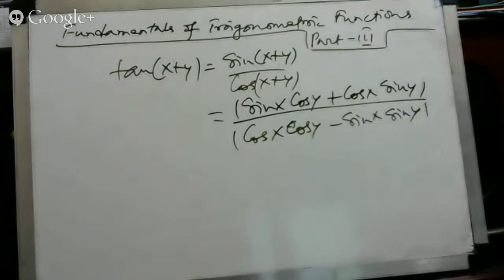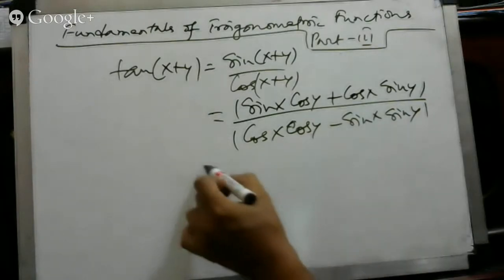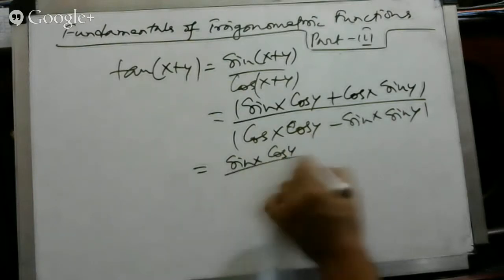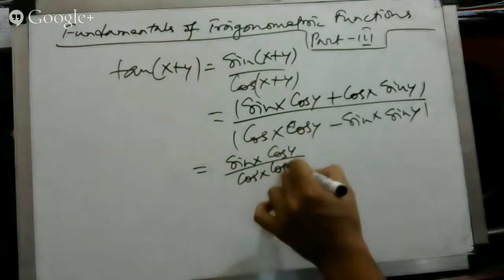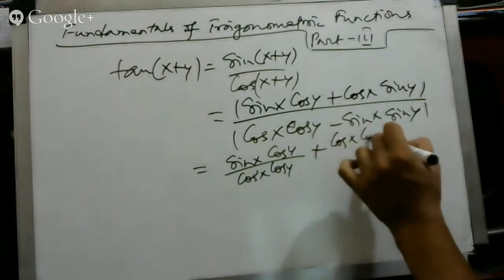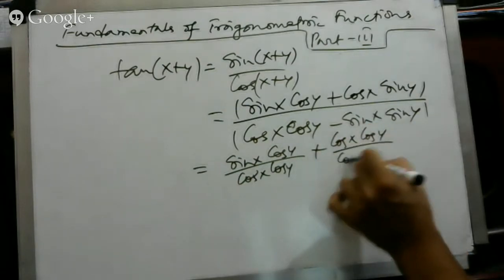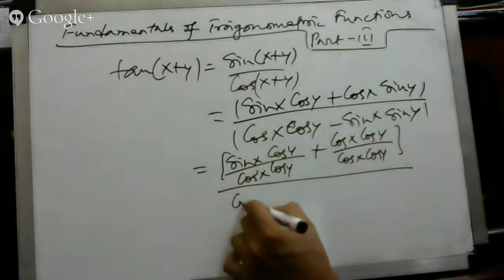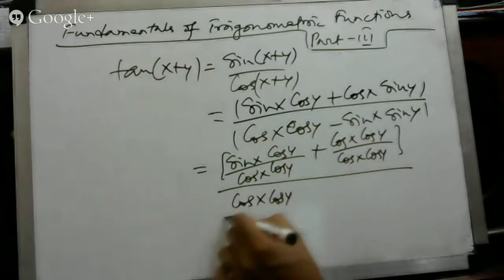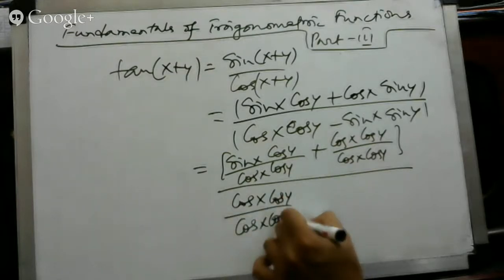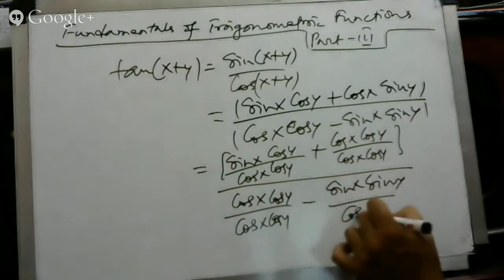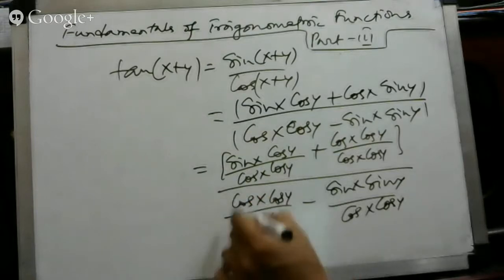Now we divide the numerator and denominator by cos x cos y, so this will become sin x cos y divided by cos x cos y plus cos x sin y divided by cos x cos y, and in the bottom cos x cos y divided by cos x cos y minus sin x sin y divided by cos x cos y.